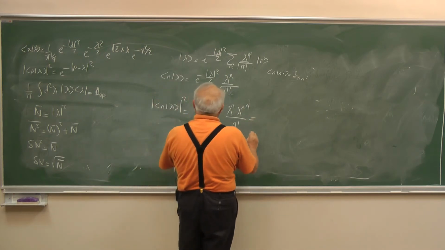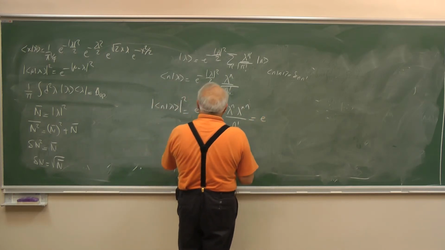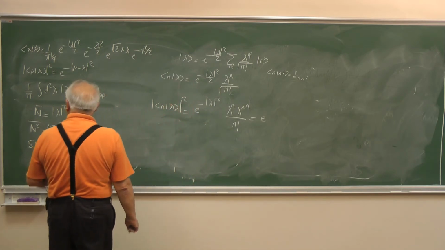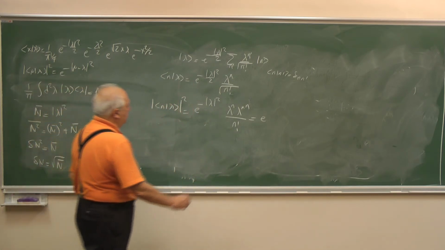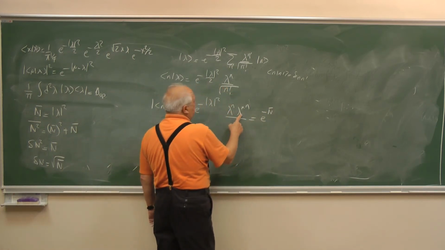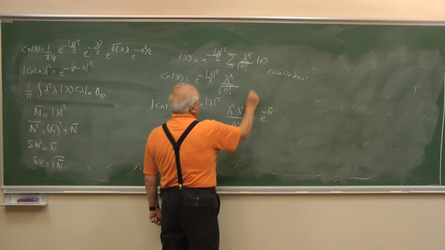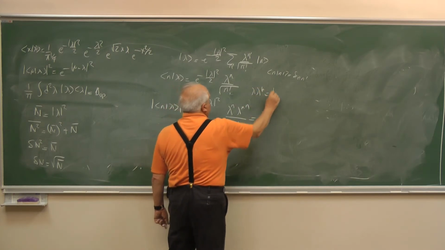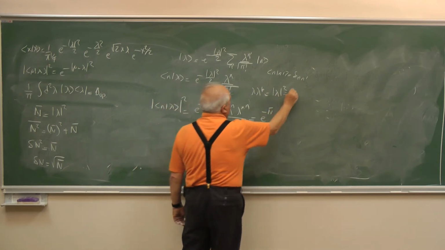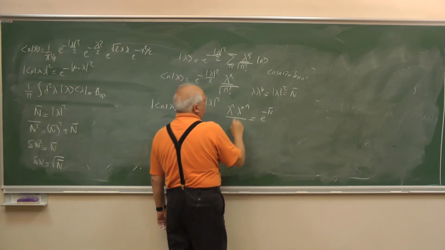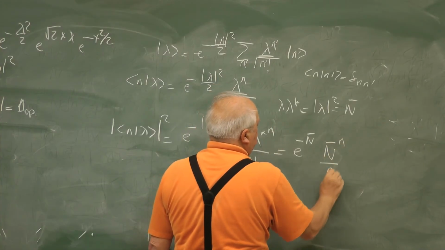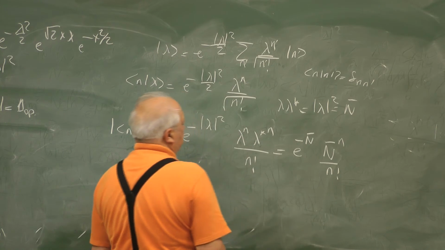Now we found lambda square was n bar, so it is e to the minus n bar, n bar raised to the power n over n factorial.